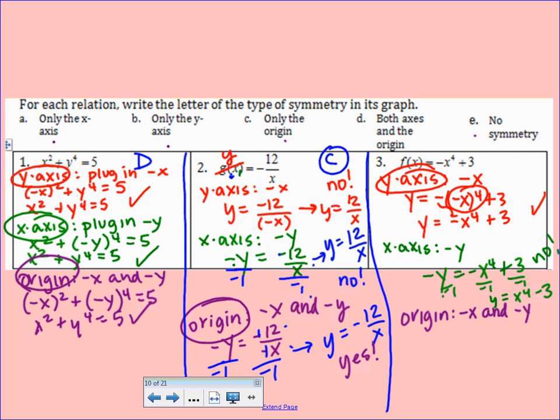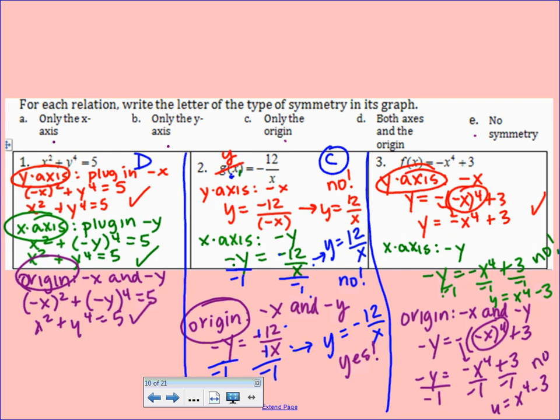I promise we're almost done with the hard, tedious part. Here, this first makes it positive, but the negative comes down. Oh, it turns into the green? Yeah, you're right, it turns into the green. So is it the original? No. So this one was only y-axis, so it is B.